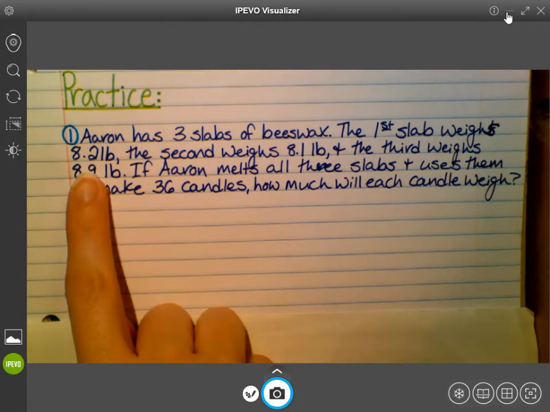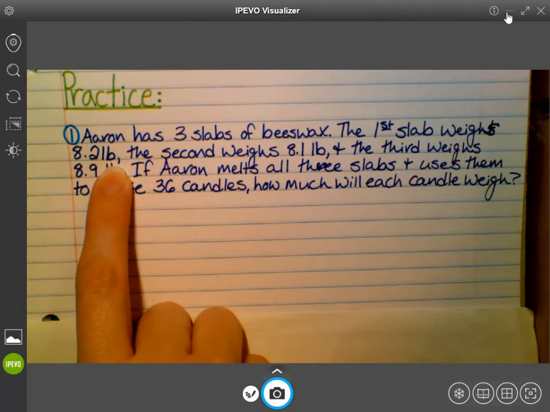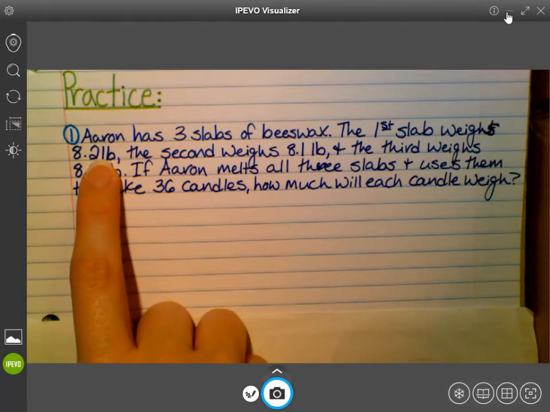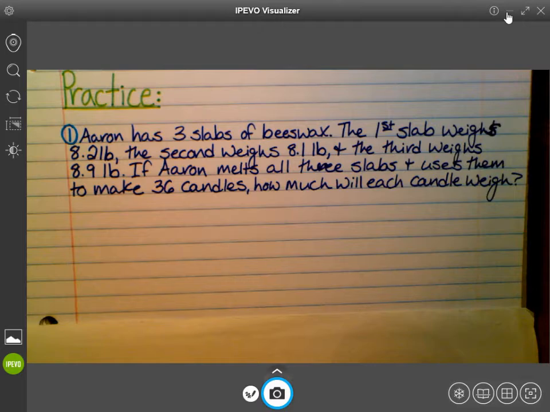So if you look at 8.2, that's an LB. That is not a 1, that's an L for pound. 8.2 pounds. The second weighs 8.1 pounds, and the third weighs 8.9 pounds. If Aaron melts all 3 slabs and uses them to make 36 candles, how much will each candle weigh?